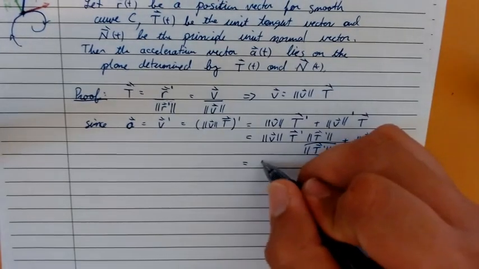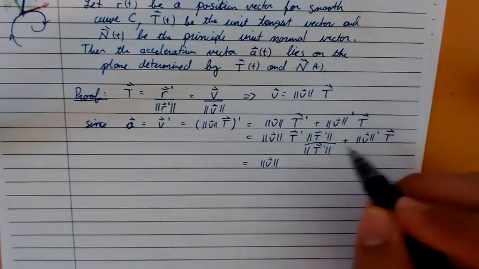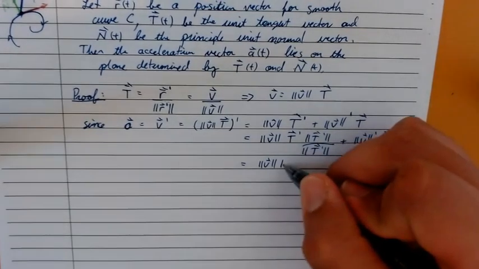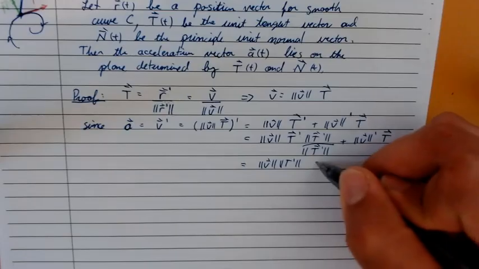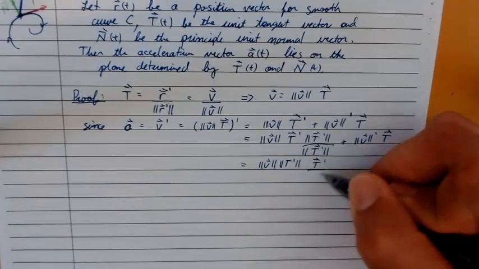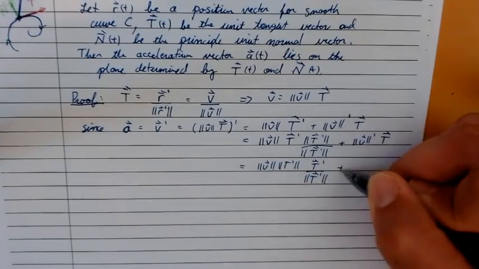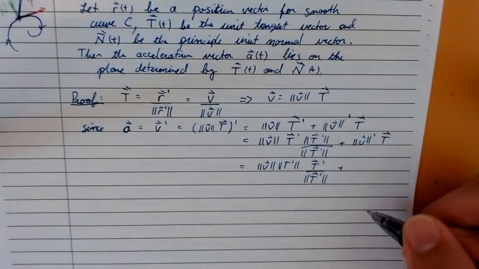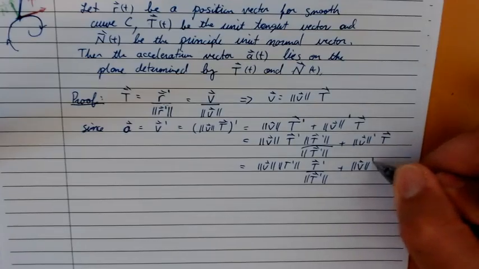So I think I'll write it this way. I'm going to write this as the magnitude of v times the magnitude of t prime. So I'll put this one in front. Times t prime over the magnitude of t prime. Plus, and here I'll just write this as v prime t.